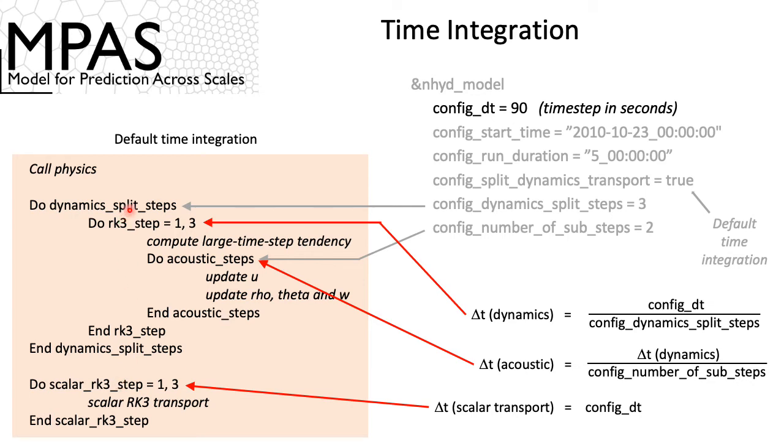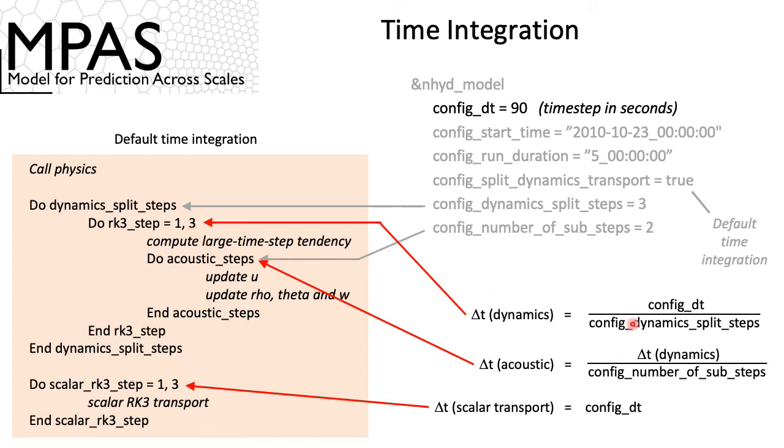And now the dynamics time step is going to be that scalar transport time step divided by the number of dynamic split steps. This is going to be the time step for each one of these Runge-Kutta integrations. And of course, the Runge-Kutta integration itself has 3 substeps. So that's what that will be.